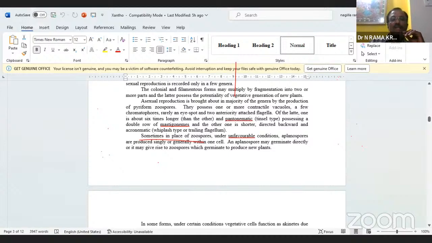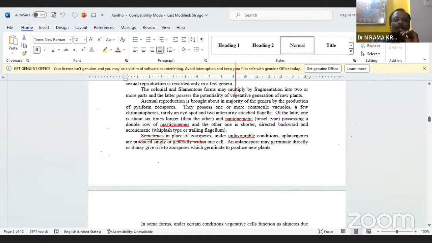Next, now you see the thallus structure. You already know it very well. Vaucheria has a sparingly branched, coenocytic and siphonaceous thallus. What is the meaning of coenocytic thallus?